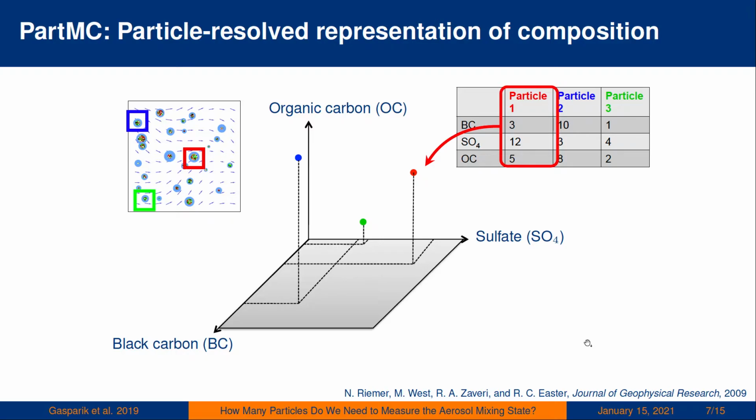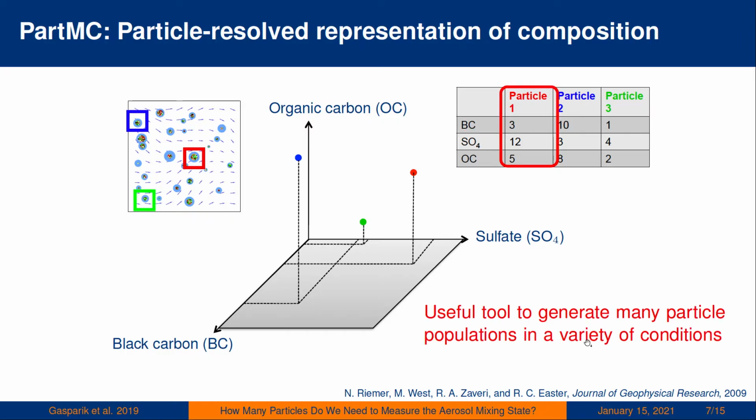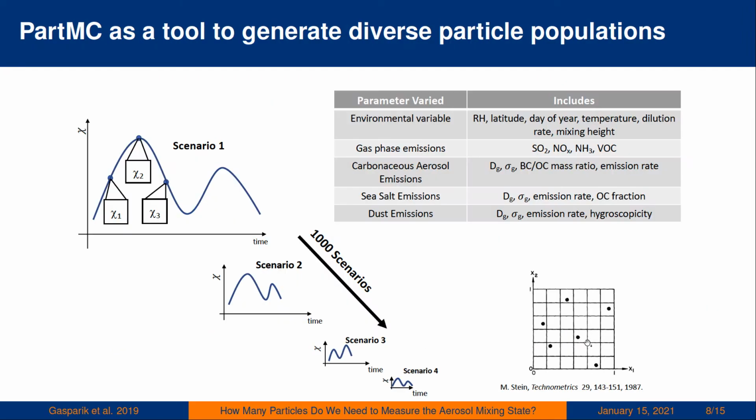We like to think of the individual particles that we're tracking in this model as vectors of composition. So we can represent the volumes of the particles, and we can allow them to evolve fully due to coagulation, condensation, and other processes. This is a very useful tool to generate many particle populations of a variety of conditions that we're going to want for this study.